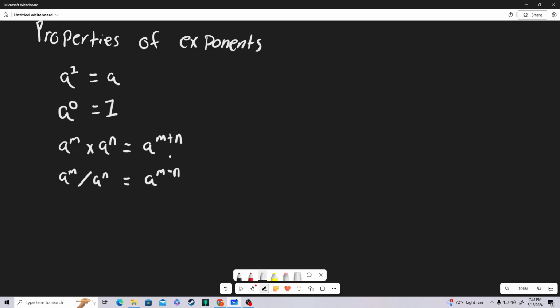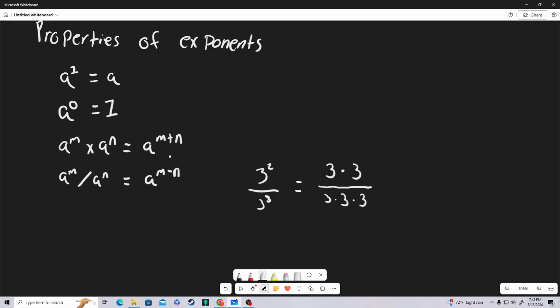Let's prove that as well. Let's go 3 squared divided by 3 to the third. That's a 3. My penmanship's really bad, I'm sorry. So if we just evaluate this, we have 3 times 3 over 3 times 3 times 3.